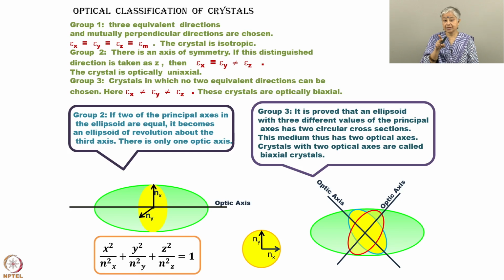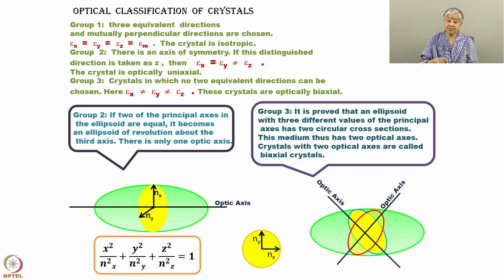So, two of them are equal, epsilon x and epsilon y. Epsilon x and epsilon y are not equal to epsilon z. Such a crystal is called optically uniaxial.